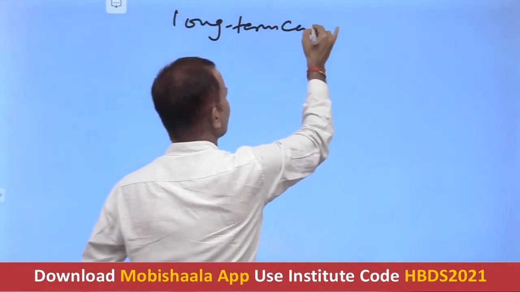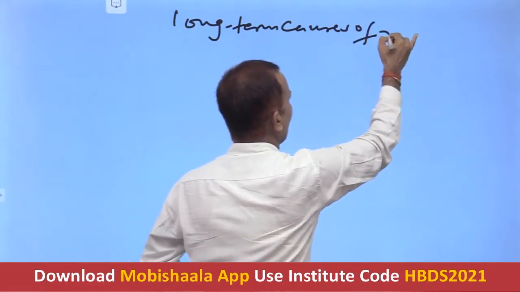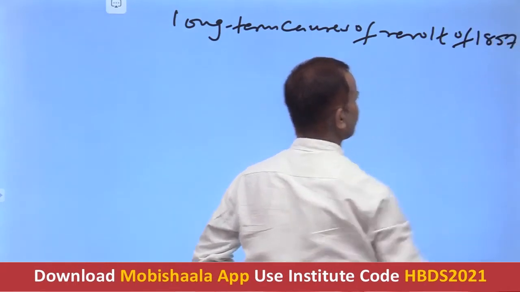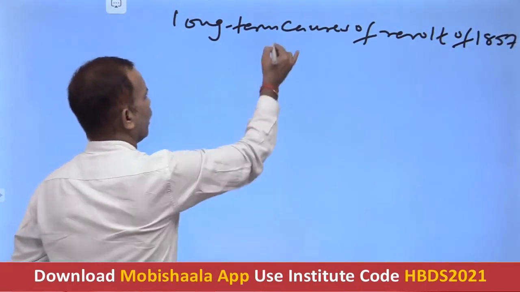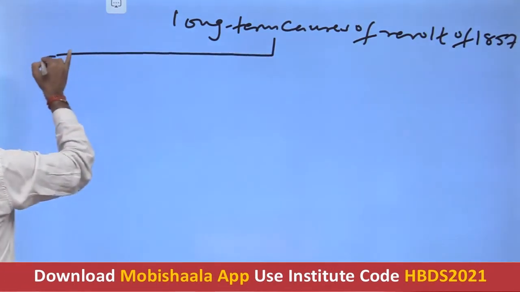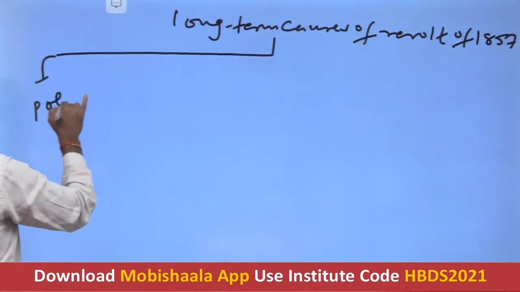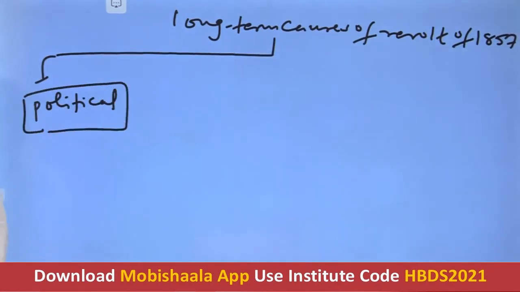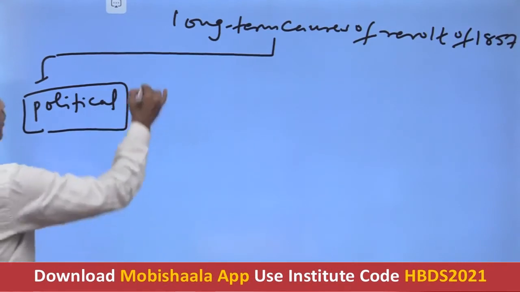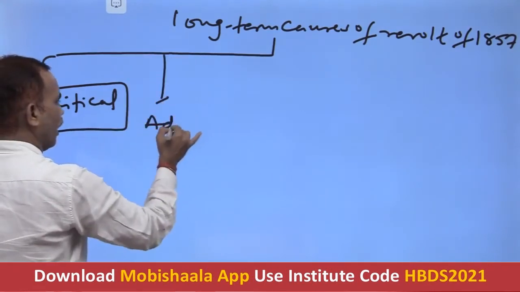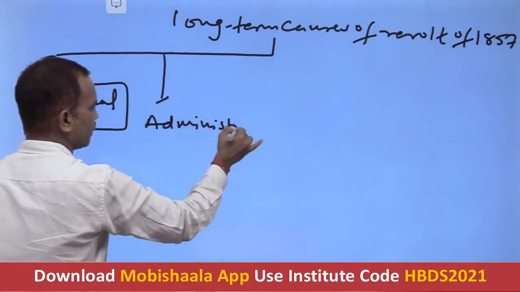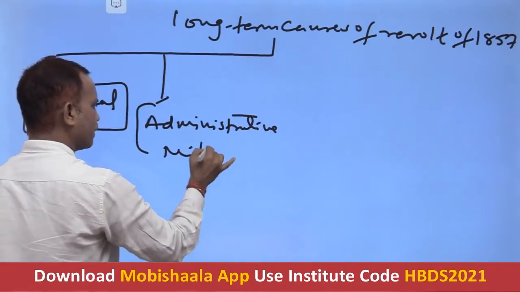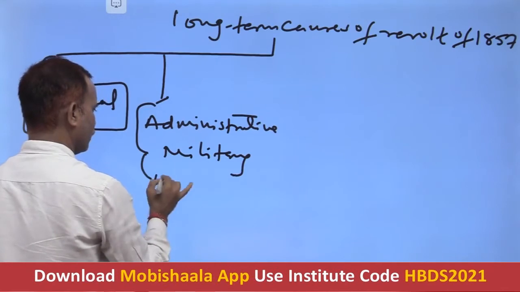Long-term causes of revolt of 1857. This could be, number one, political. Number two, administrative, military, judicial.